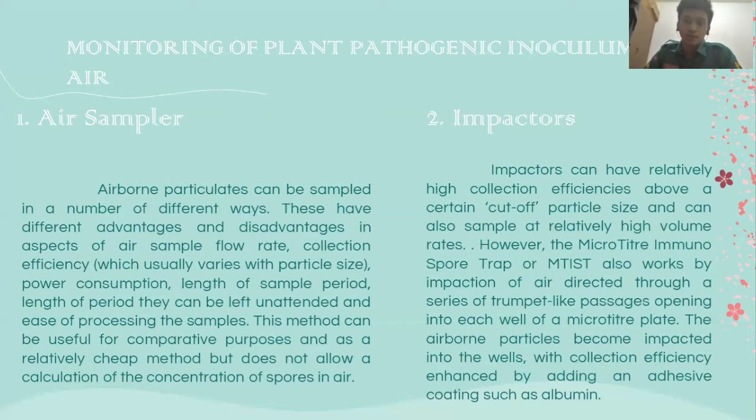Number 2 is impactor. Impactors can have a relatively high collection efficiency above a certain cutoff particle size and can also sample at relatively high volume rates. The microtiter immunospore trap, or MTIST, works by directing air through a series of trumpet-like passages opening into each well of a microtiter plate.